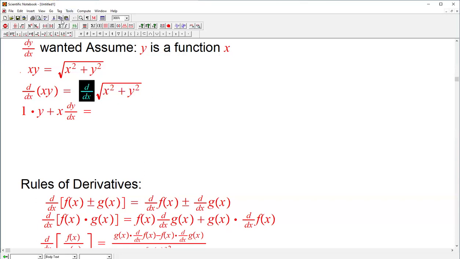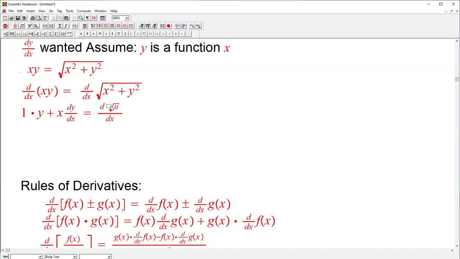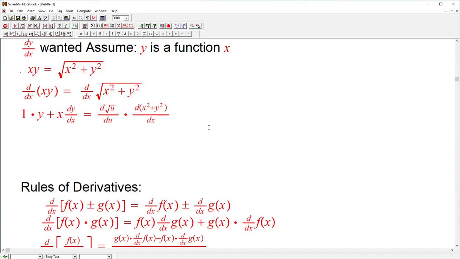So we're going to write it down as the derivative of square root of u, multiplied by du dx. Obviously, u is x squared plus y squared, so we're going to replace u by x squared plus y squared.